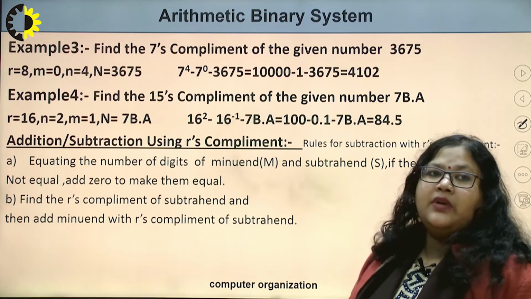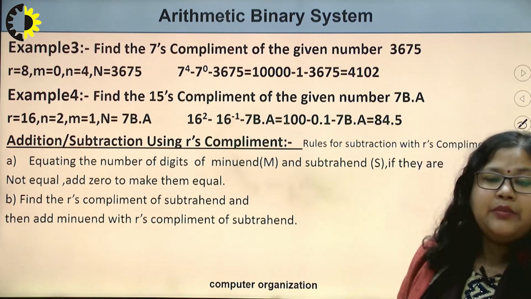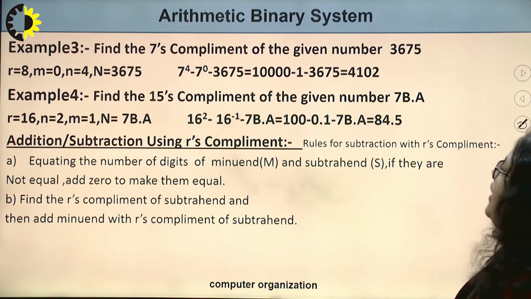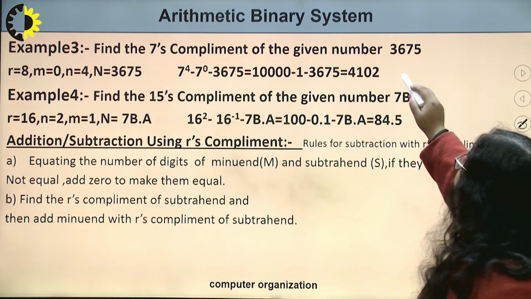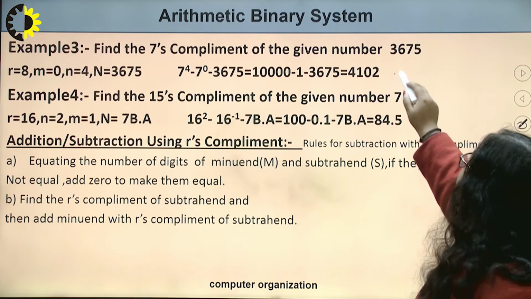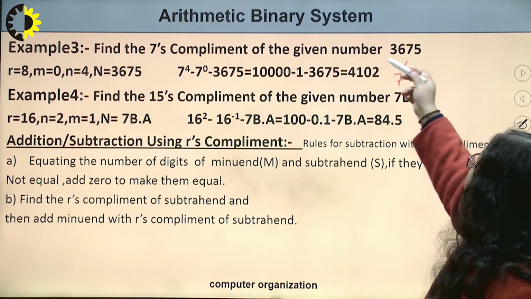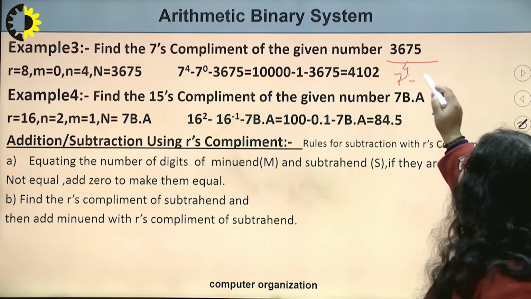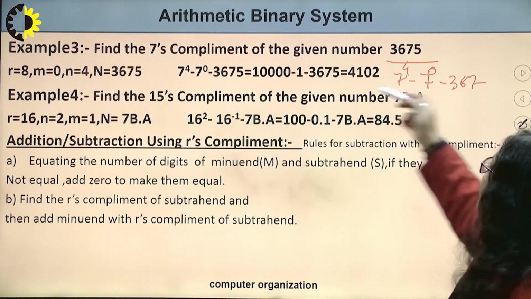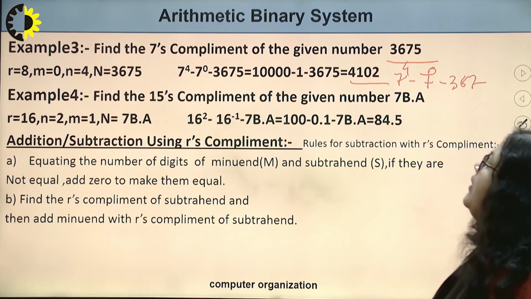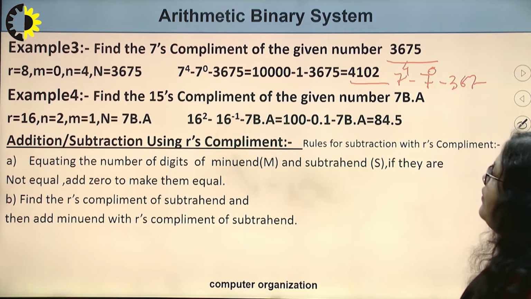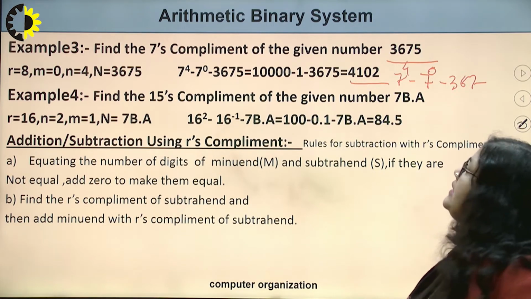First we convert this number with the formula R to the power n minus R to the power minus m minus capital N. Here R is 8, so it is 8 to the power 4, because the fractional part is 0 and the integer part has 4 digits, minus 8 to the power 0 minus 3675. So it is 1 followed by 4 zeros minus 1 minus 3675. We add 3675 plus 1, so it is 3676.